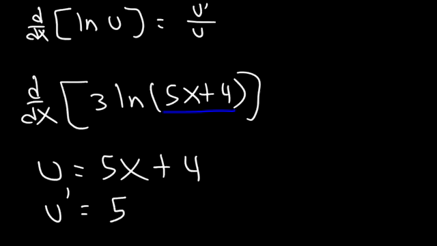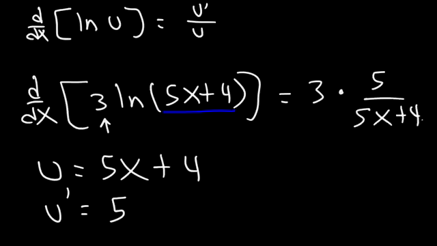The derivative of 5x is 5, and the derivative of the constant 4 is 0. So it's just 5. Now we do have a constant in front of the natural log, so we're going to rewrite that here. So it's going to be 3 times u prime, which is 5, divided by u, which is 5x plus 4.